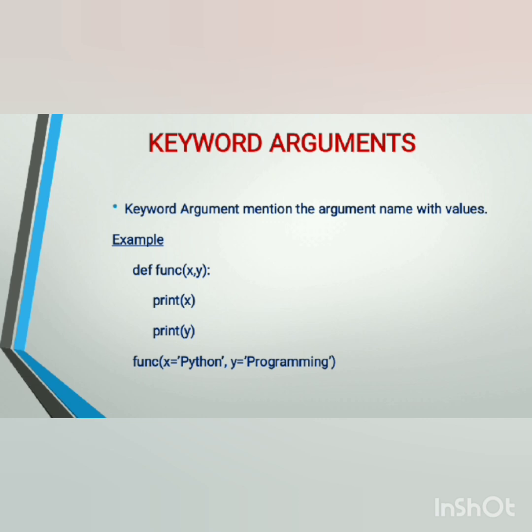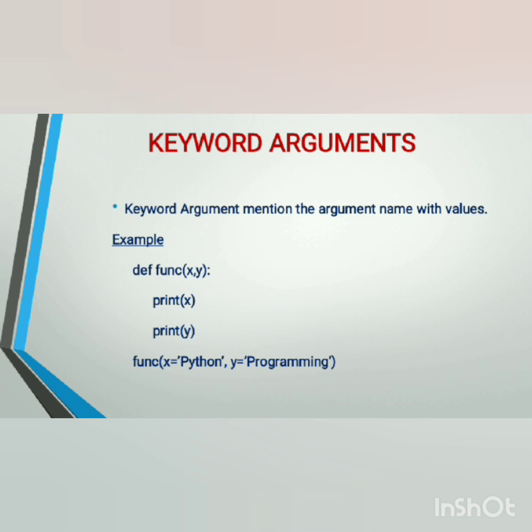See, in this example I have created the function func. Within this function definition I am having 2 parameters, x comma y, then I have printed x and y values. This is the function definition, right? So in function calling I have used the same function name func. Here I have passed 2 arguments, right?